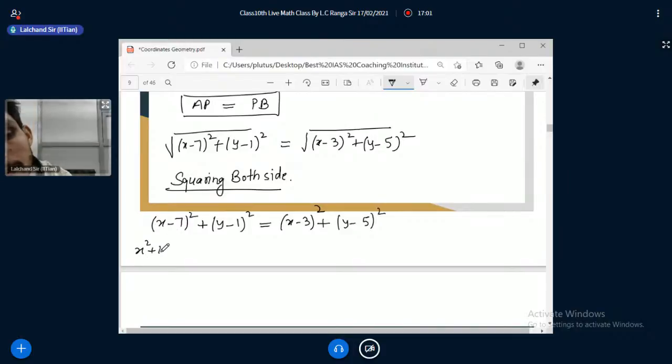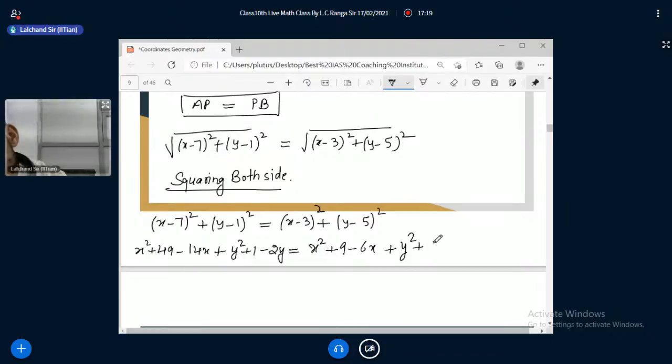Okay, x square plus 49 minus 14x plus y square plus 1 minus 2y, equals x square plus 9 minus 6x, y square plus 25 minus 10y. Isn't it? Are you following up to this? We just open this whole square equation.